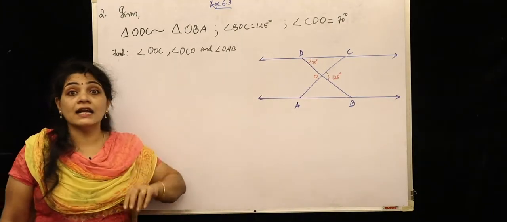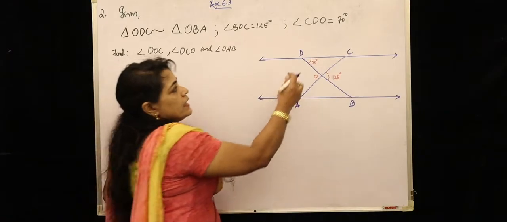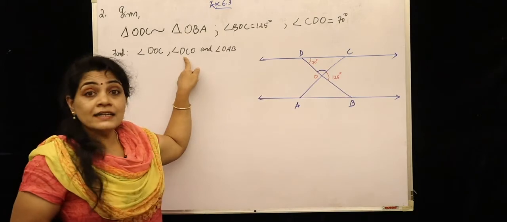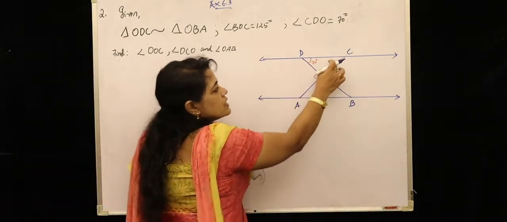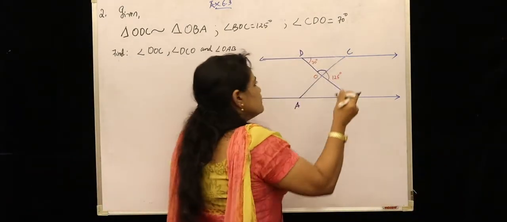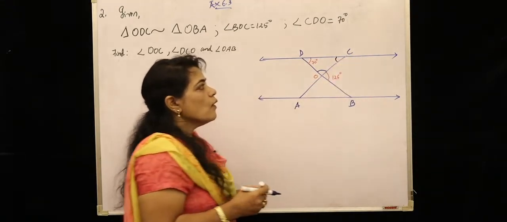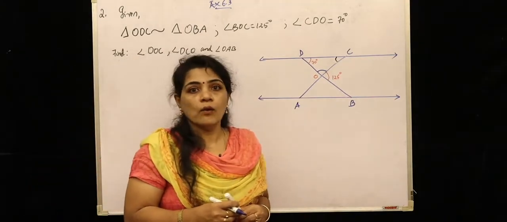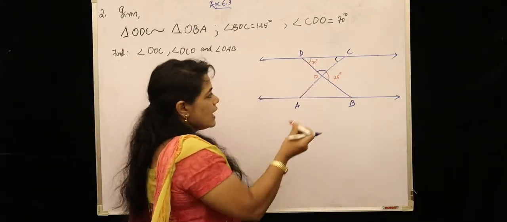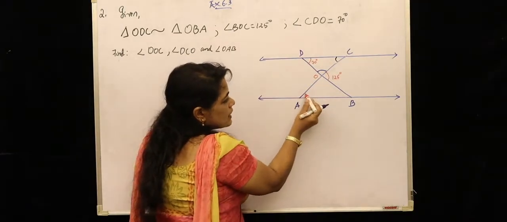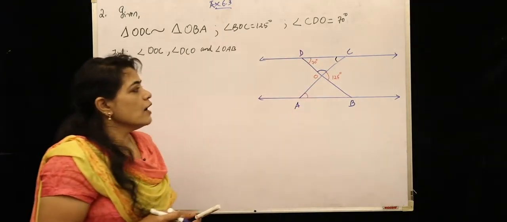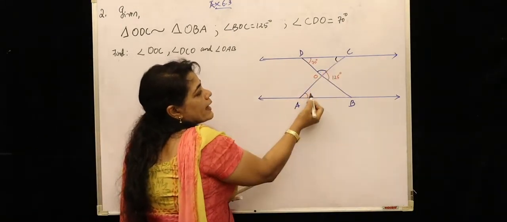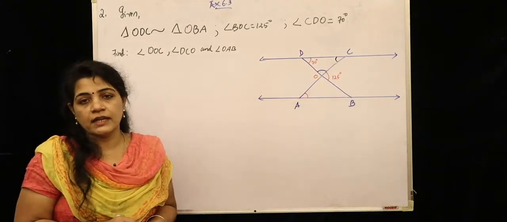The first angle is angle DOC, this angle we have to find out, and angle DCO, this angle, and the third angle is angle OAB, this angle. I have marked them with three colors, blue, black and red. These are the angles to be found in this second question.